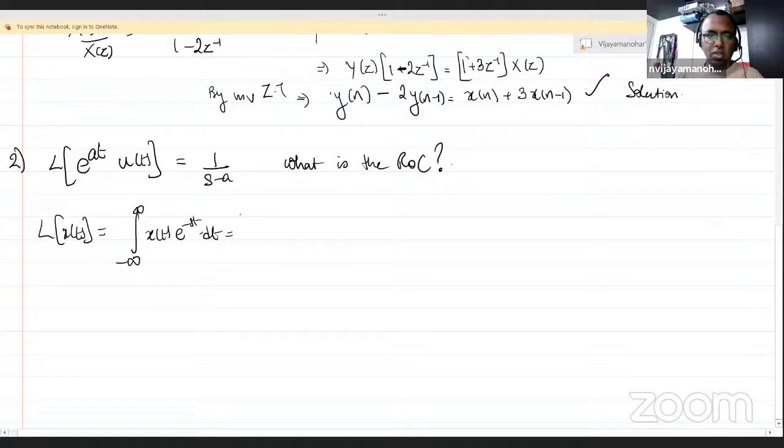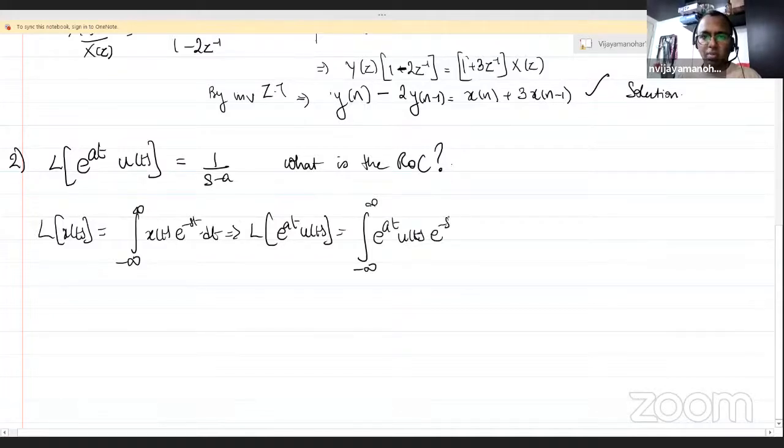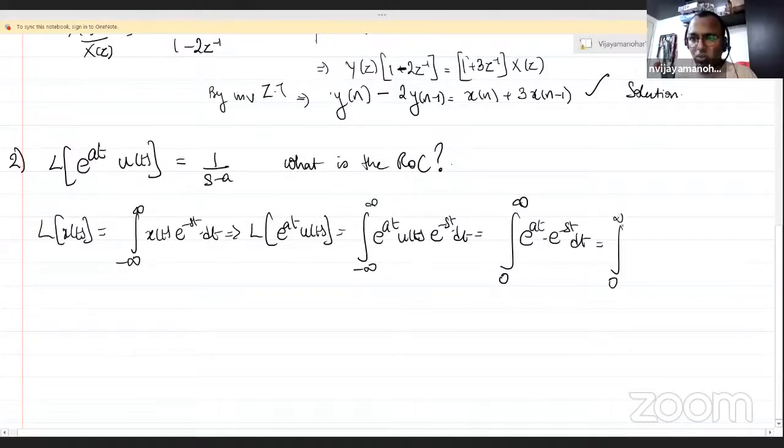So let's see what happens here. Laplace transform of e power at u of t will give me integral minus infinity to infinity e power at u of t e power minus st dt, but u of t exists only from 0, so this becomes 0 to infinity e power at into e power minus st dt, which is nothing but integral 0 to infinity e power minus of s minus a times t dt.